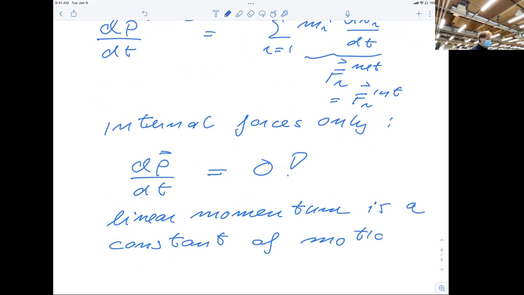But we have to be careful, because in case we have some external forces acting on the system, this is no longer the case.